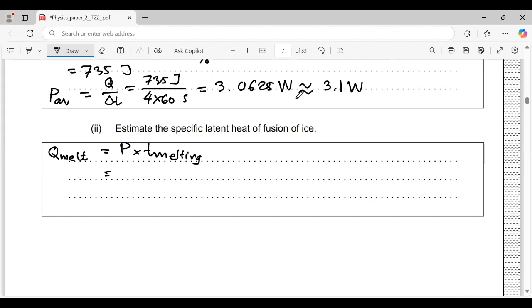P is this one, but I would like to use this number, 3.0625, times, if you look on the graph, there are 60 minutes times 60 to convert into seconds. If you calculate the result, wait, I will calculate on my calculator.